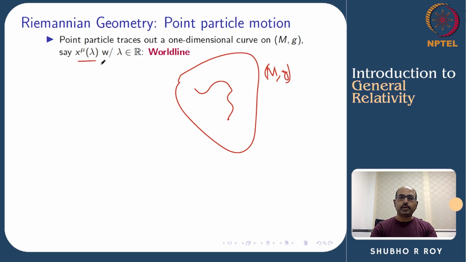The coordinates of the points on the curve are functions of this variable λ, which takes values on the real line. So this one-dimensional curve, which is traced out by a particle moving on the manifold, is called the world line. Most of you are familiar with this idea from special relativity.